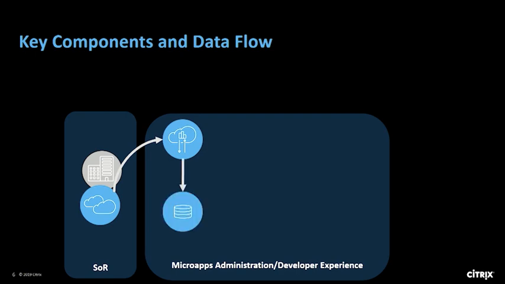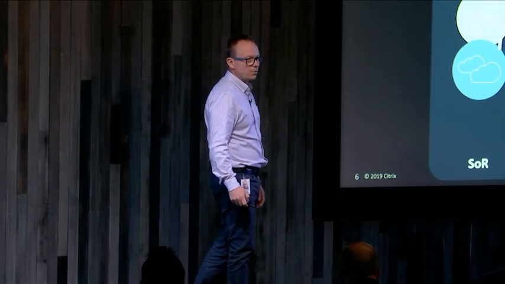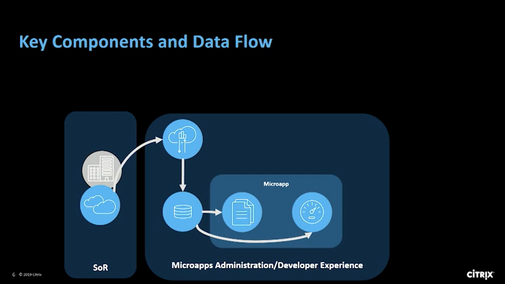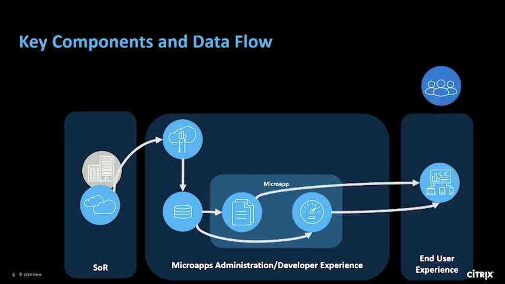Now data are being pulled out from the system of record by the data integration provider. We need to store them somewhere. So we have a data cache where we persist the data, and the data are being consumed by the end user in the microapps or notification cards that we will generate for the end users.